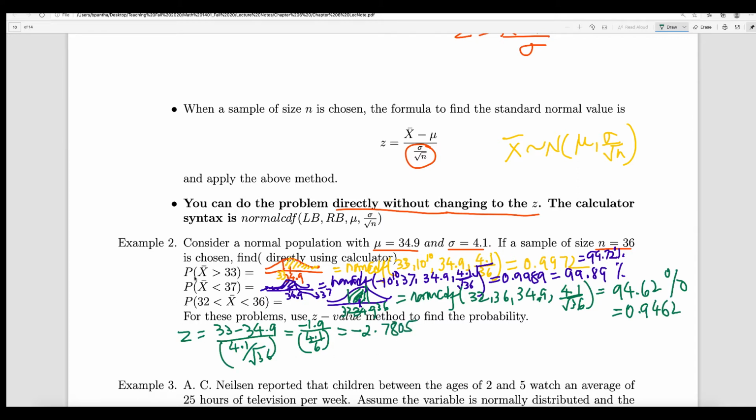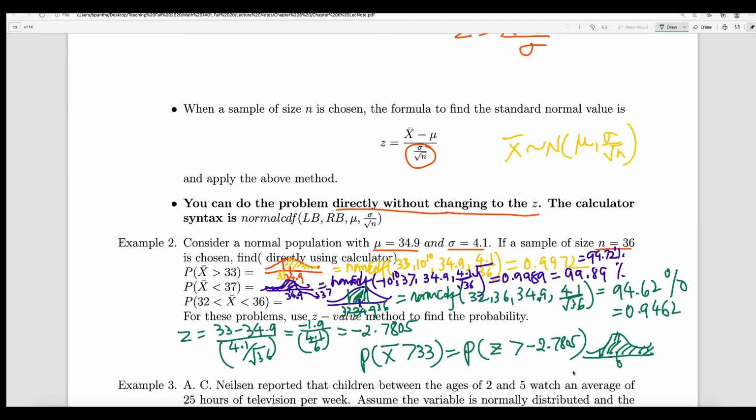Now for the first problem, the probability that x bar is greater than 33 equals the probability that z is greater than negative 2.7805. It will look like this, because this is the z distribution now. There is 0 and negative 2.78 will be somewhere here, and you are trying to find the area to the right of that.